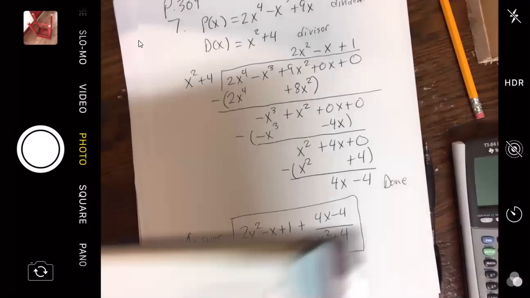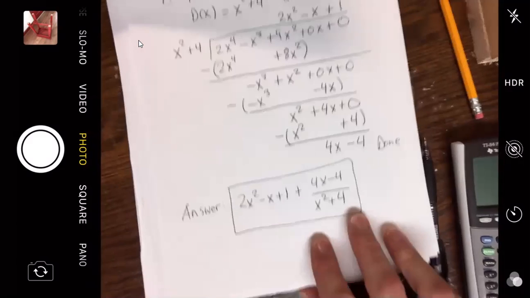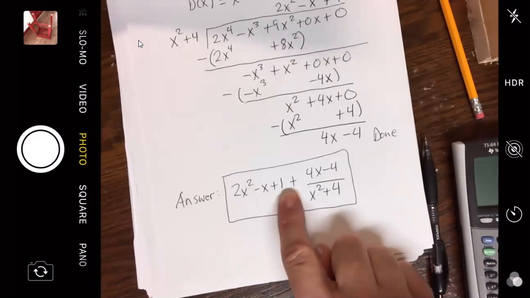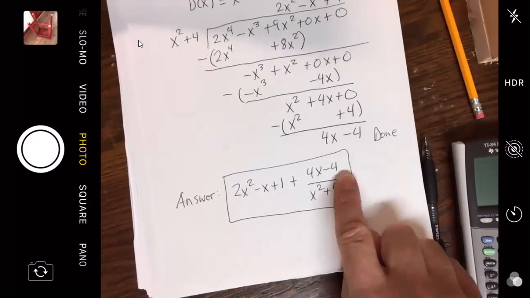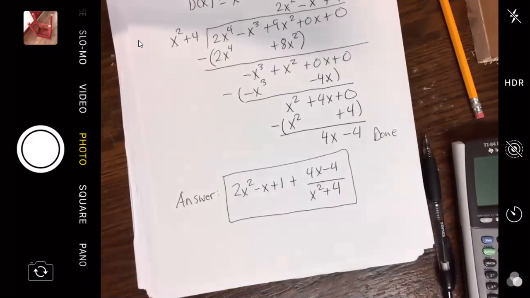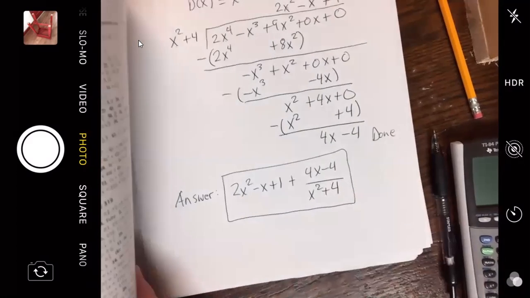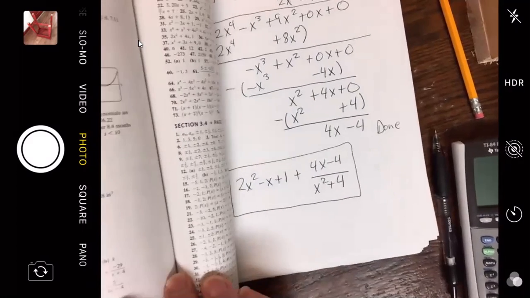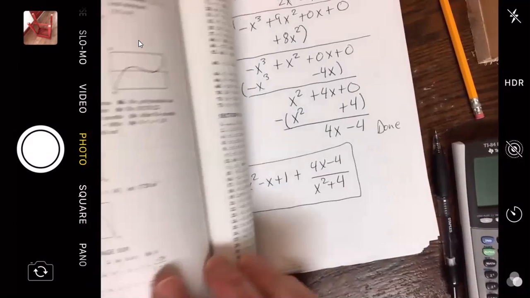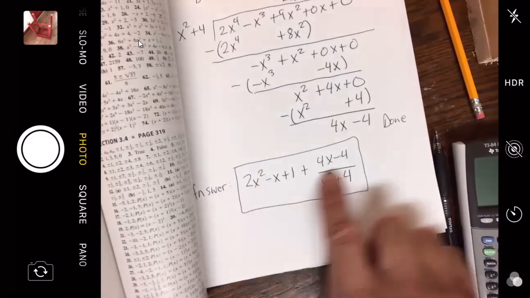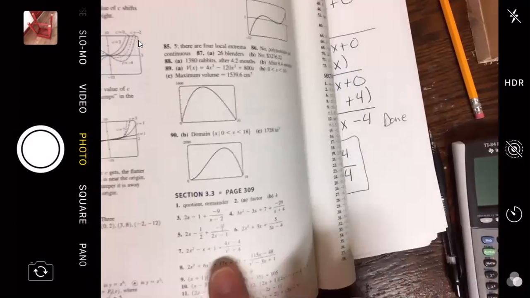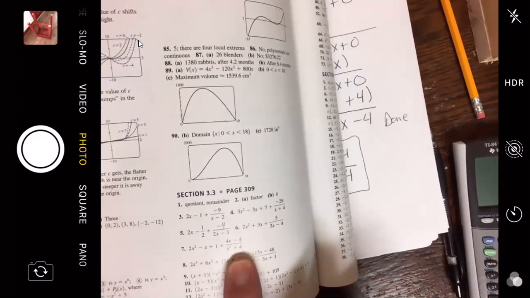Okay, let's see. 2x squared plus x plus 1, minus x plus 1, 4 over x squared plus 4, number 7. Add 4x minus 4 over x squared. I don't know if I can put them side by side. No, I can't really. Well, tough. Okay, so you put that in your brain, and number 7 is identical.